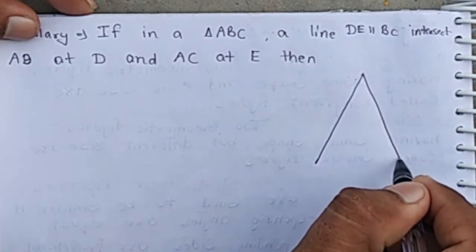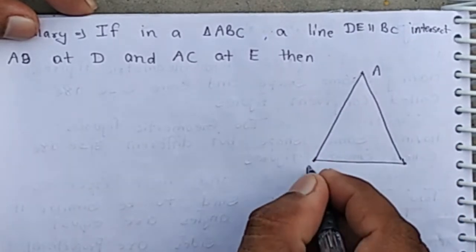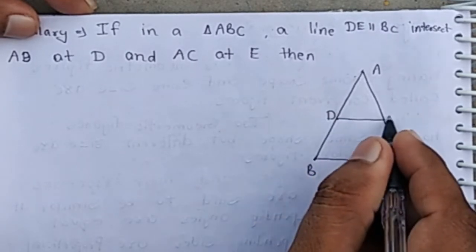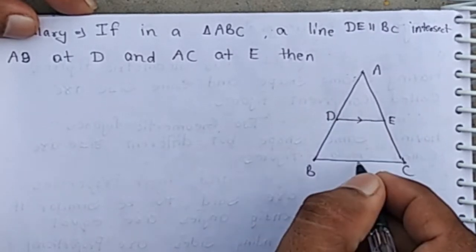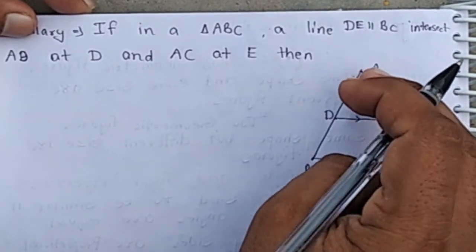So it is a triangle ABC and line DE is parallel to BC. Then we have to show that AD by AB is equal to AE by AC.